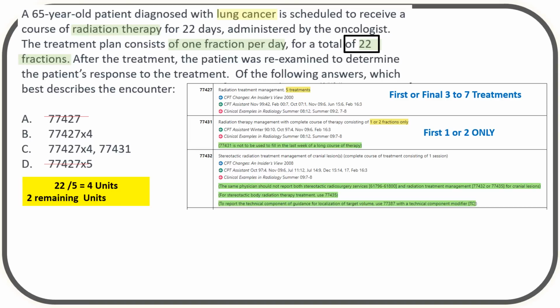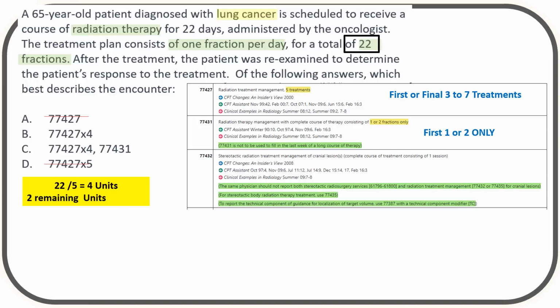So let's look closely at 77431. Radiation therapy management with complete course of therapy consisting of 1 or 2 fractions only. That's a clue. You only use this code for 1 or 2 fractions. But if that doesn't resonate with you, look at the parenthetical guideline. It says 77431 is not to be used to fill in the last week of a long course of therapy.